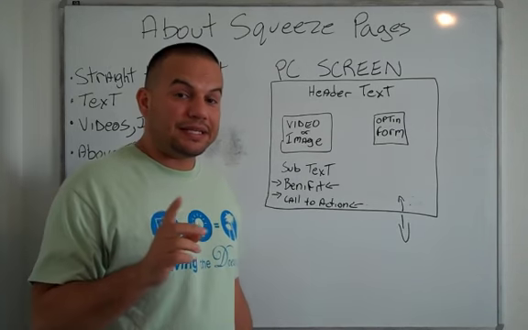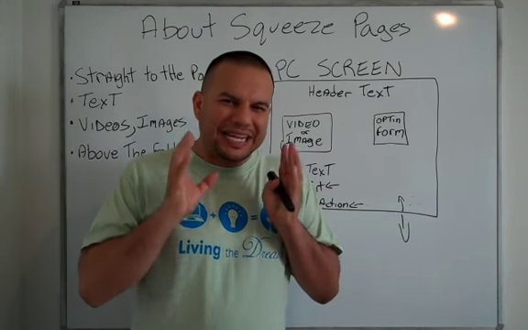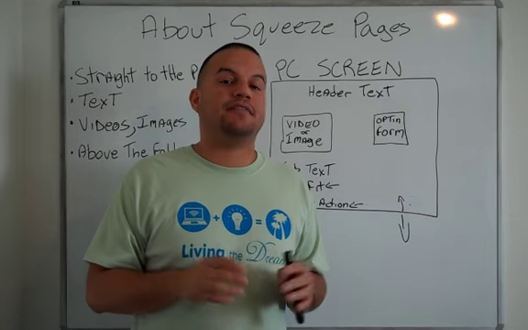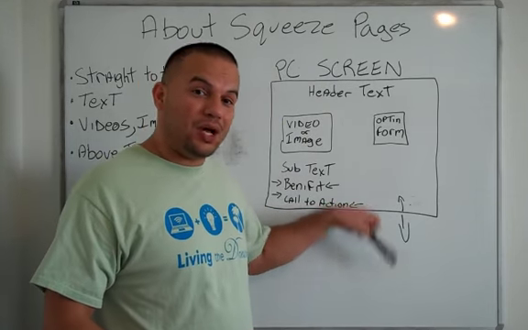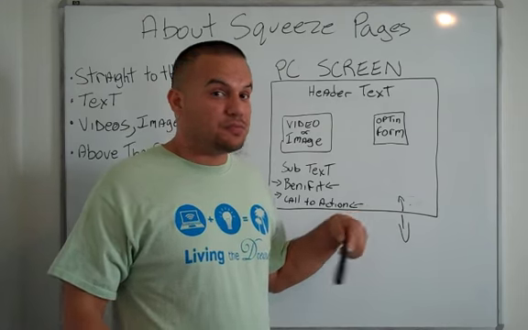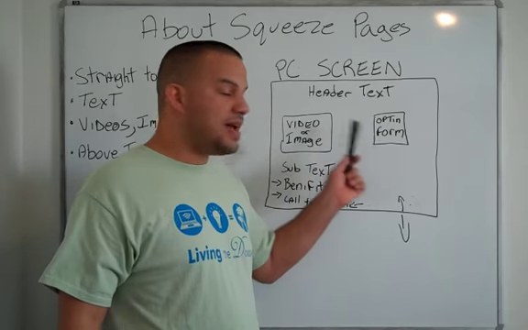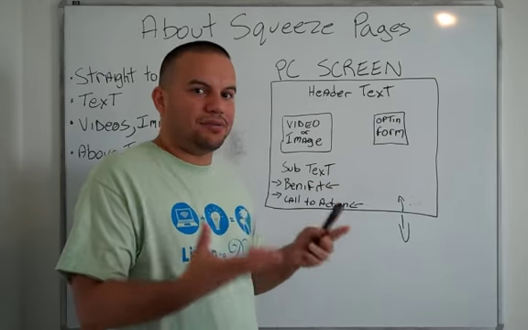Because let me tell you something that you may not know. I forget the exact numbers, but about 80 to 85% of the people, it may be higher, never go below the fold. And there are many reasons for that. I think one of the biggest reasons is that the message they're trying to give to their prospects isn't right on.